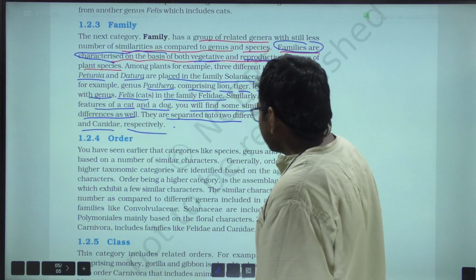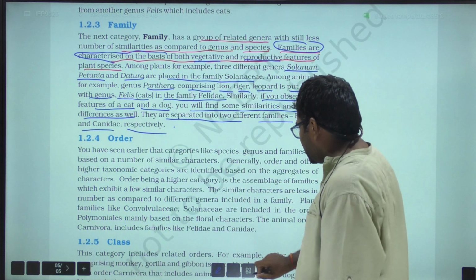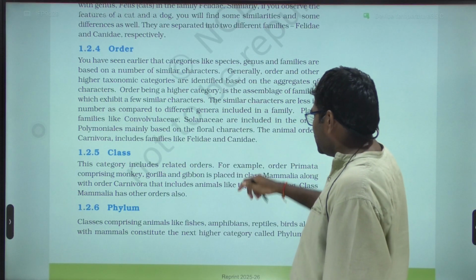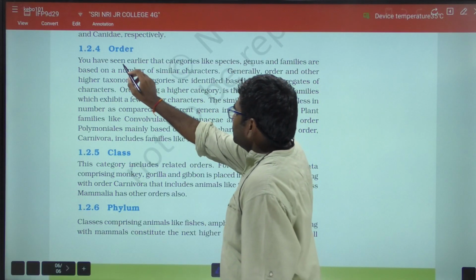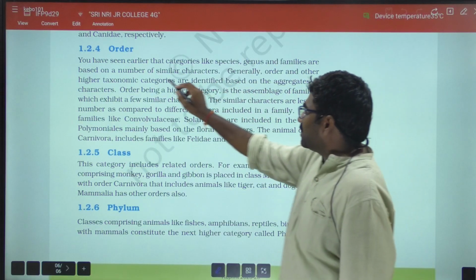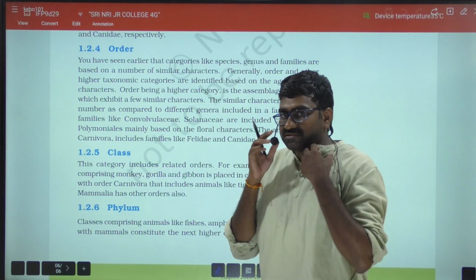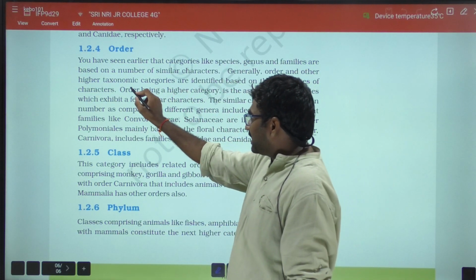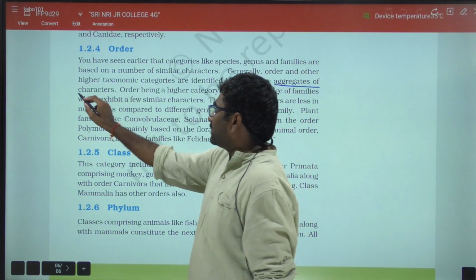Okay. Next, order. Very important. From this order we have a previous question. You have seen earlier that categories like species, genus and family are based on the number of similar characters. A group of related families is known as an order, and generally order and other higher taxonomic categories are identified based on the aggregates of characters.